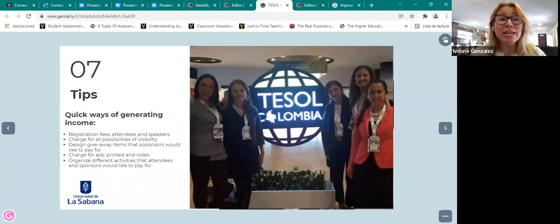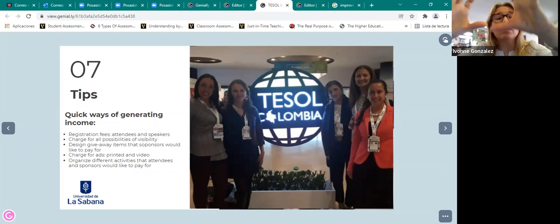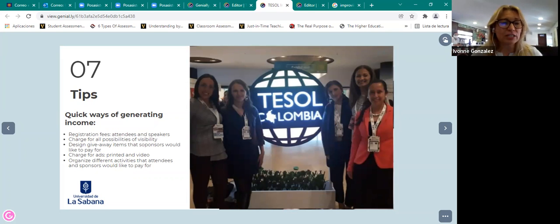But for doing so, you need to have a lot of people visiting the web page and a really nice web page with a nice layout. When you reach that point of being interesting to publishers, for example, you can tell them, okay, if you want to be on my web page, you can pay us this amount and you will be there for a month, 2 months, whatever. So that is another option.